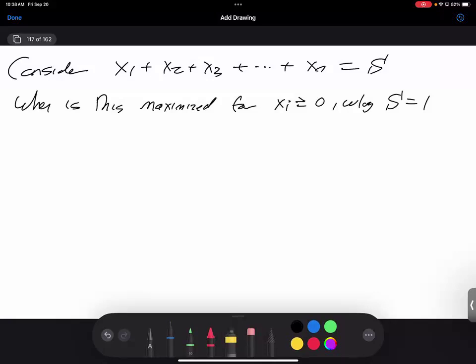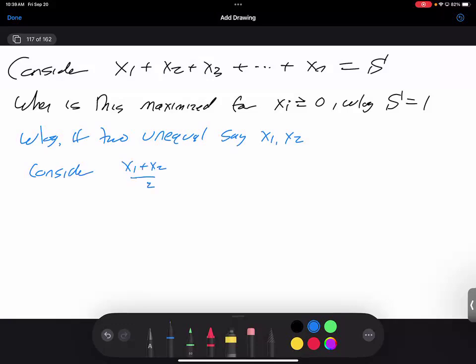So without loss of generality, say the two unequal ones are x1 and x2. Consider now (x1 plus x2)/2 plus (x1 plus x2)/2 plus x3 plus ... plus xn, and that's still going to equal 1. So I haven't changed the sum, but I've made the product better.